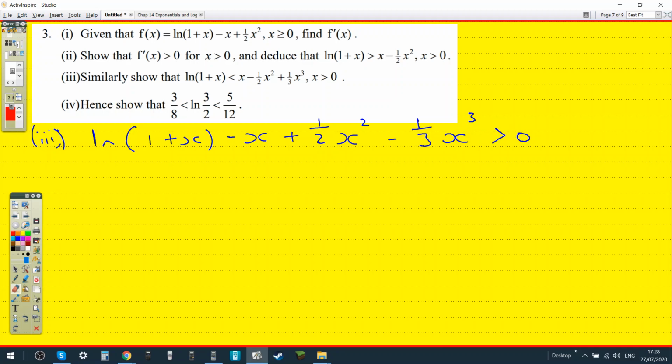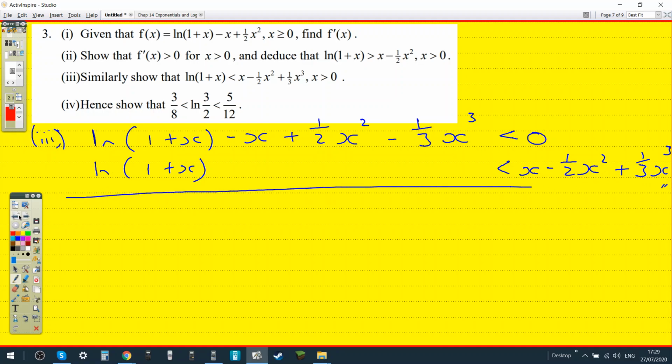Because you know the ln 1 plus x in brackets, it says less than everything else. Like when you bring everything to the other side, it says less than. So I don't really know why. Yeah, it seems like you're just making your own inequality. It's just so weird. You're using the question to get the answer, using what they've given you. So sure, I don't think that's really shown a whole lot though. I think we were supposed to do the whole thing again.